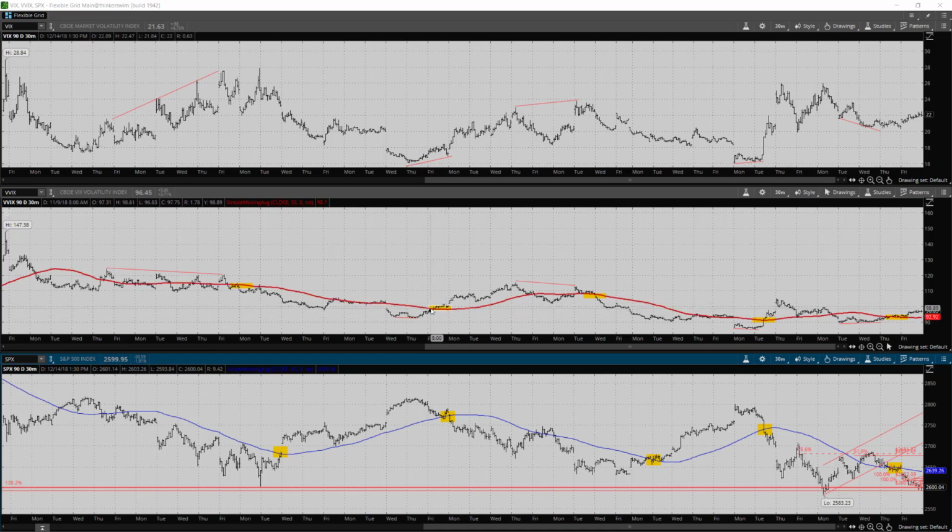Then you had VVIX get above the 55 period simple moving average, and SPX shortly after got below the 65 period simple moving average, and that was a nice sell signal. As you can see, quite a nice downtrend, and it really didn't go against you much if you took the signal right when it crossed. It never actually tested your entry, and the downtrend went on quite nicely.